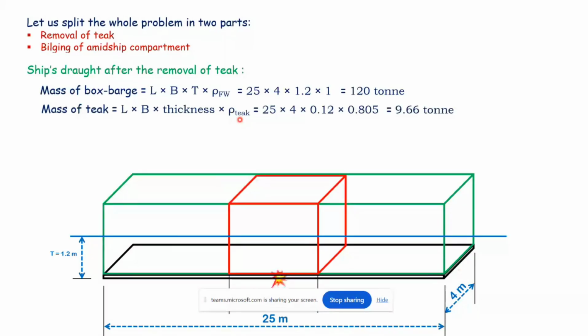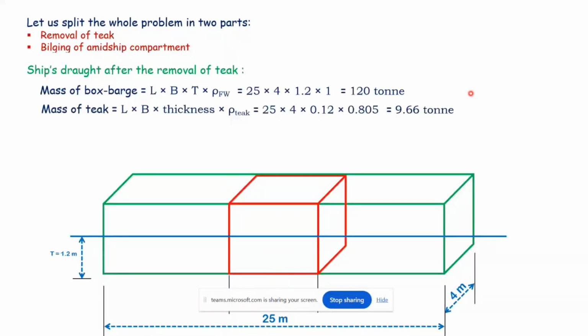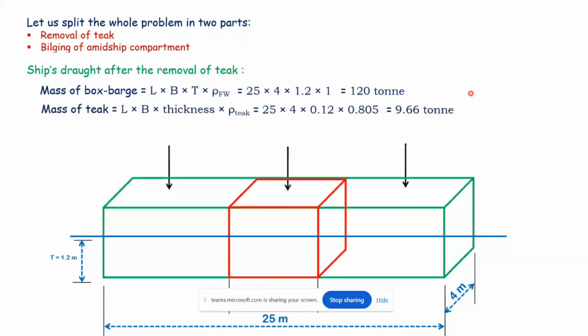Understood? Yes, sir. The initial mass of the box barge was in total 120 tons and the mass of teak in it was 9.66 tons. Now look at the diagram. The teak is torn off. The teak has gone. So what will be the remaining weight of the barge?